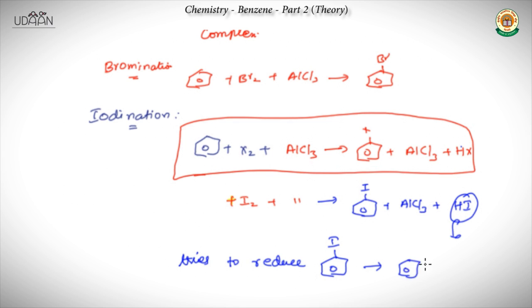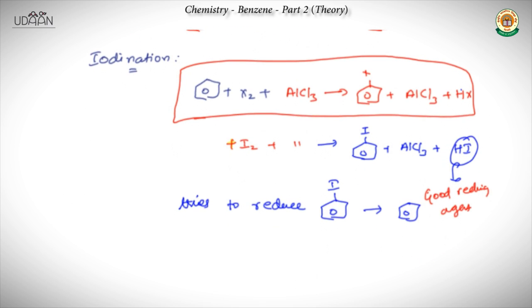Now as you can see, the direct method is not possible. That is, just by adding this, it is not feasible for the reaction to be favored, because HI is a good reducing agent. But how to proceed with this reaction? How to make this reaction feasible?